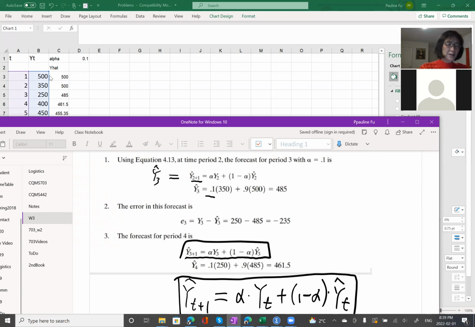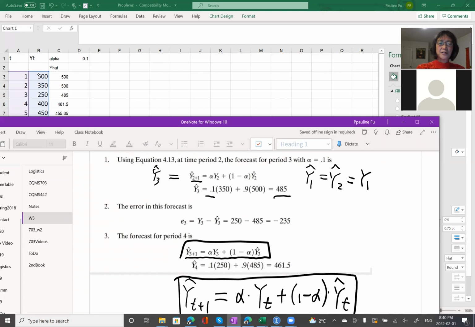In exponential smoothing, we do the initialization, the initial value. So we set Y2 hat equal to Y1, which is 500. And you get 485.